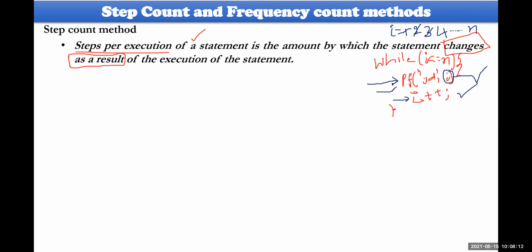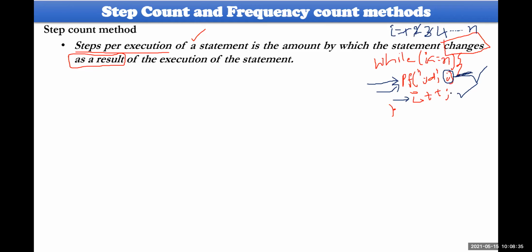printf always produces the output on the monitor: initially it prints 1, followed by 2, followed by 3, followed by 4. So the value of i is continuously changed, and the result changes as far as this particular statement is concerned, so it is considered as one single step.